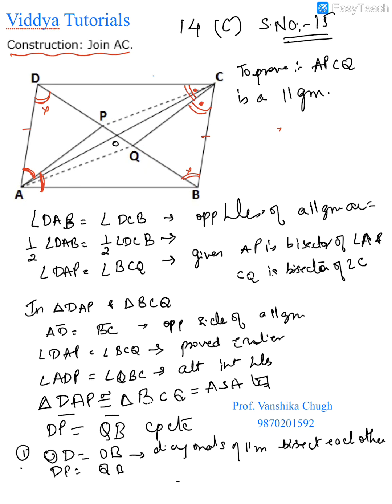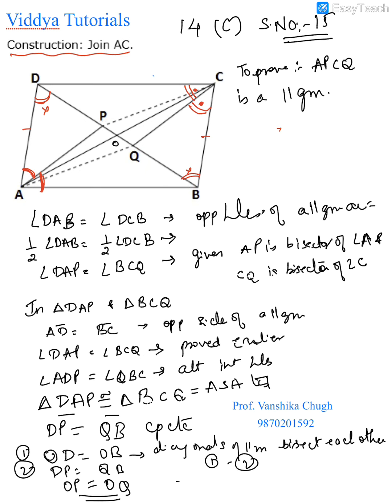You can number them as 1 and 2, and 1 minus 2 will give me OD minus DP, which gives OP, which is equal to OB minus QB, which is equal to OQ. When I subtract 1 and 2, I get this.